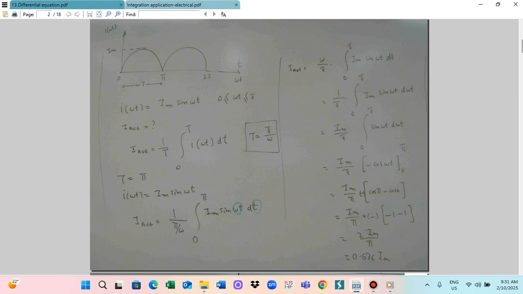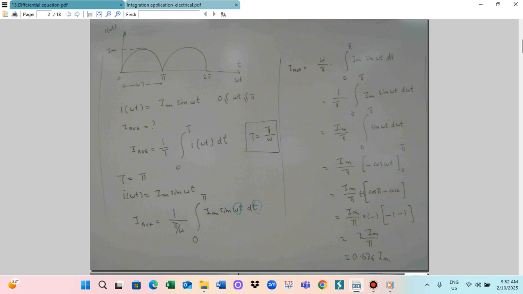So we got that I average is equal to 1 by T, which is 1 by pi, and the integration 0 to pi, since in this case T is equal to pi. So 0 to pi, I of omega t, you substitute Im sine omega t and the dt. So we go like this.